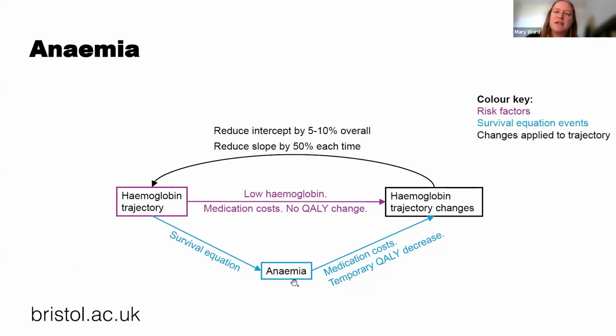And if you had anemia, you'd also get changes in costs related to that. Then we have hemoglobin trajectory changes that feed back to the beginning with the hemoglobin trajectory, where we're changing some of its parameters. This is one of the simpler ones because when we have lipids and HbA1c, they're associated with more events and they both change at the same time.